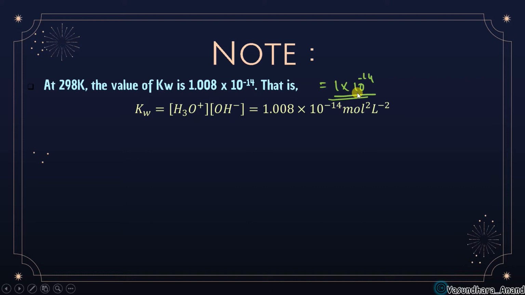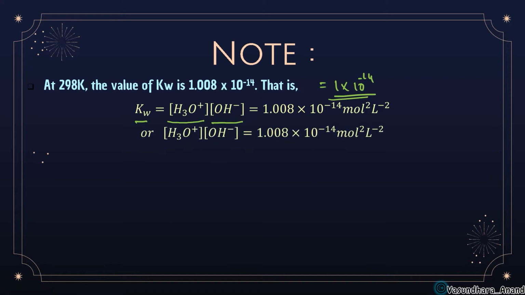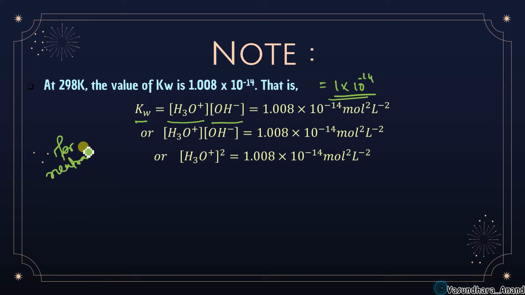So we can say that the ionic product Kw is equal to the concentration of H3O plus multiplied by the concentration of OH minus, and that will be equal to 1.008 into 10 to the minus 14 mole square per liter square. In other words, if I talk about a neutral solution, the concentration of H3O plus and the concentration of OH minus will be equal, isn't it?